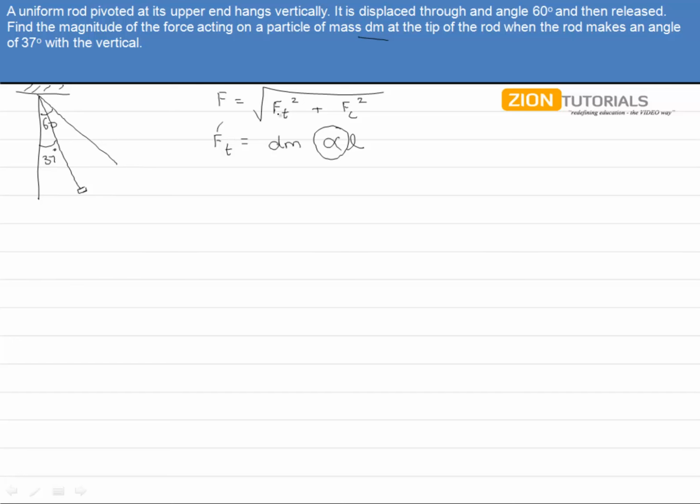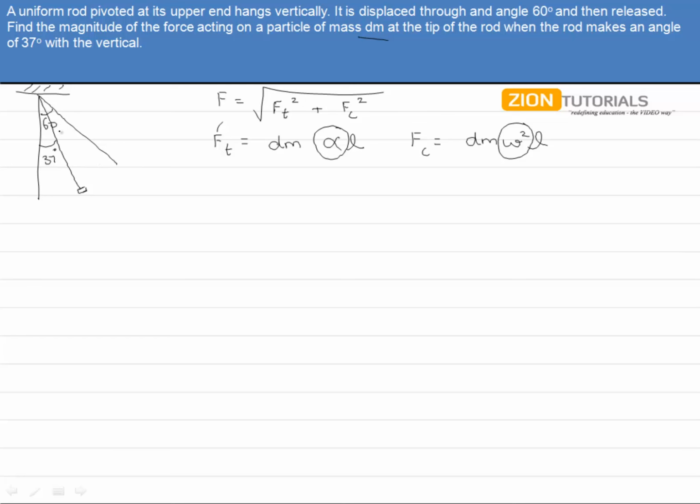Similarly, the centrifugal force, since we are taking it with respect to the rod, equals dm omega squared L, L because it is the outermost particle. If we find omega, we can calculate F. Now the problem reduces to calculating alpha and omega only.